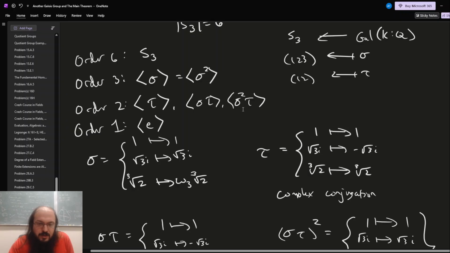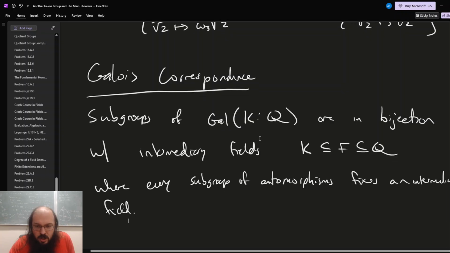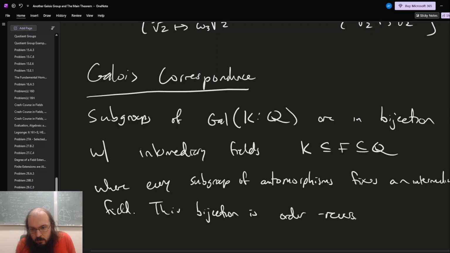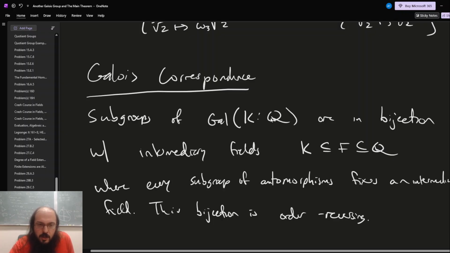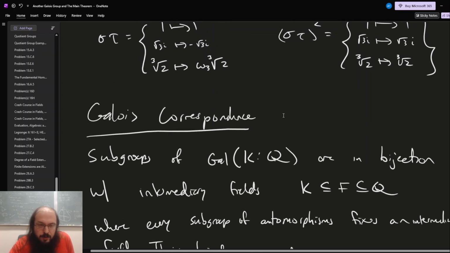There will be some fixed field in the middle. And because they are in exact bijection, they'll come in the same number. But moreover, this bijection is order reversing.